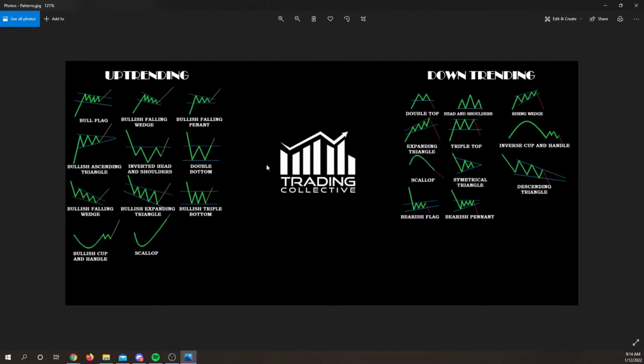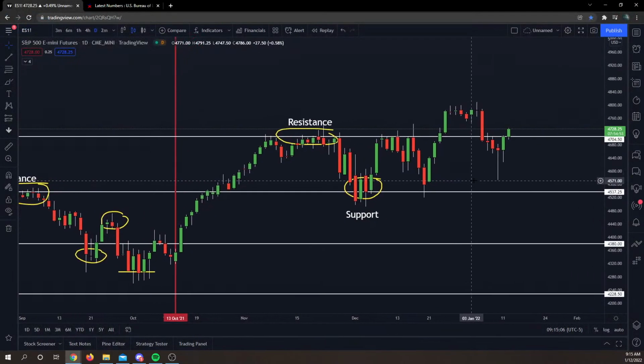Other patterns that I like to view, that are easy to spot with the eye, are the double top and double bottom. Those only have about a 55-60% chance of succeeding as a reversal, whereas our head and shoulders is a much higher probability of reversal.